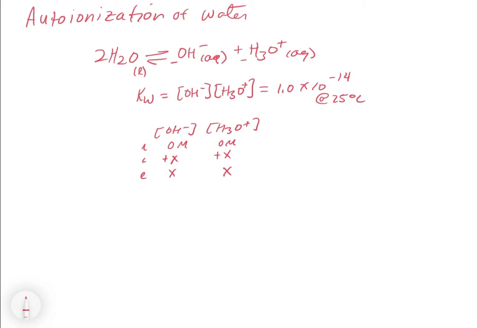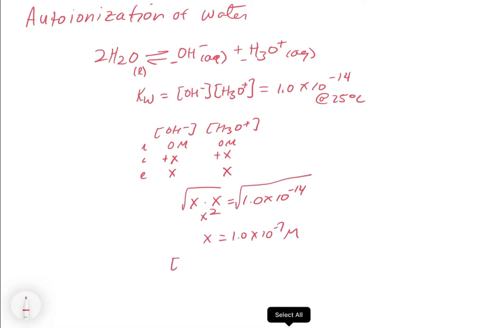And so if we plug those into our Kw expression, we have x times x is equal to 1.0 times 10 to the minus 14th. We can solve this by taking the square root of this side and taking the square root of this side, and you have to just recognize that that is x squared. So what we get is a value of x equal to 1.0 times 10 to the minus 7th molar.